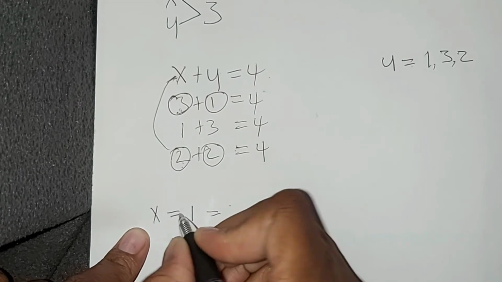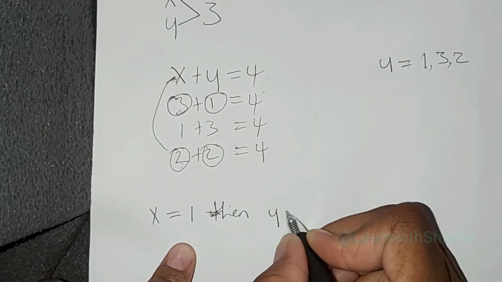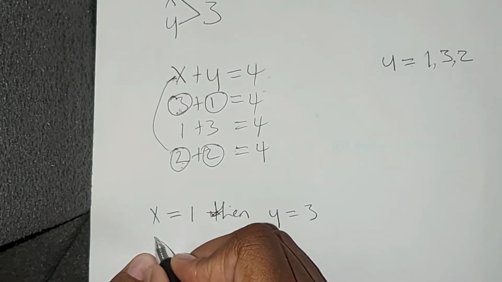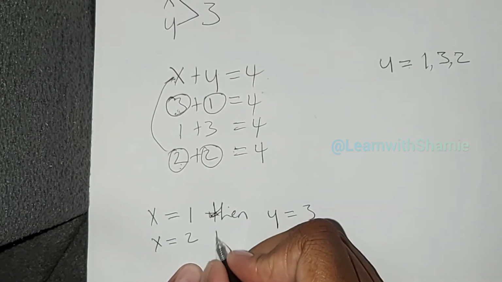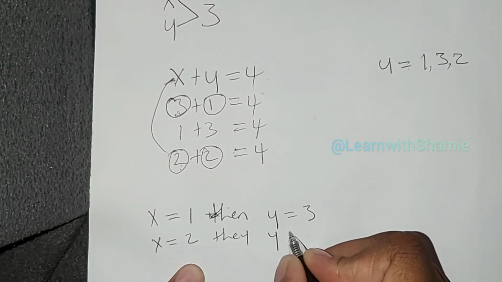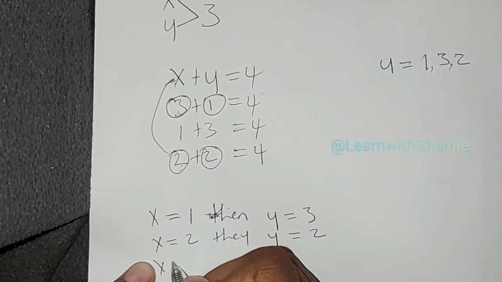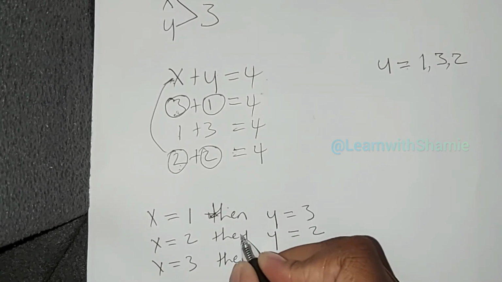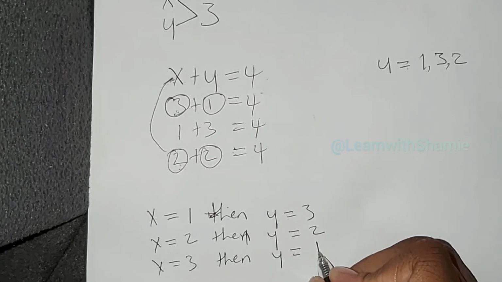If x was 1, then y would have been 3. And if x was 2, then y would also be 2. And if x was 3, then y would be 1.